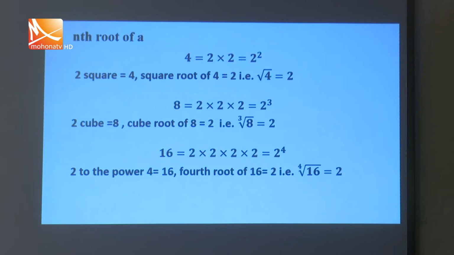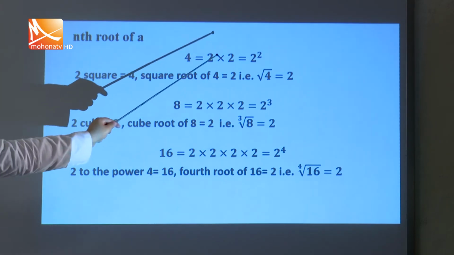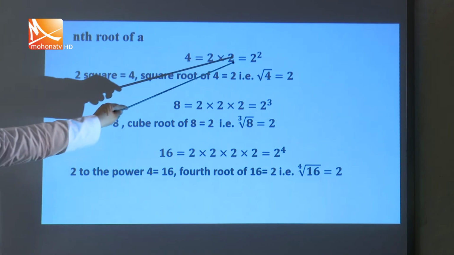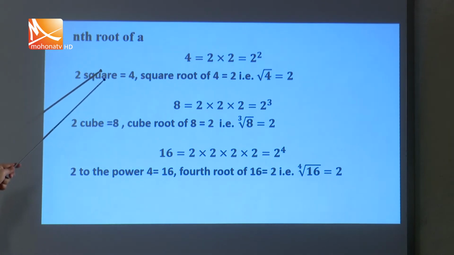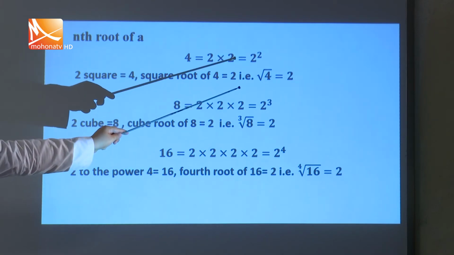And now, the nth root of any number, or nth root of a. If we multiply 2 by 2, two times, then you will get 4, that is 2^2. And to get the original base, 2, you have to take the square root of this 4, that is the square root of 4 will give you 2, right.